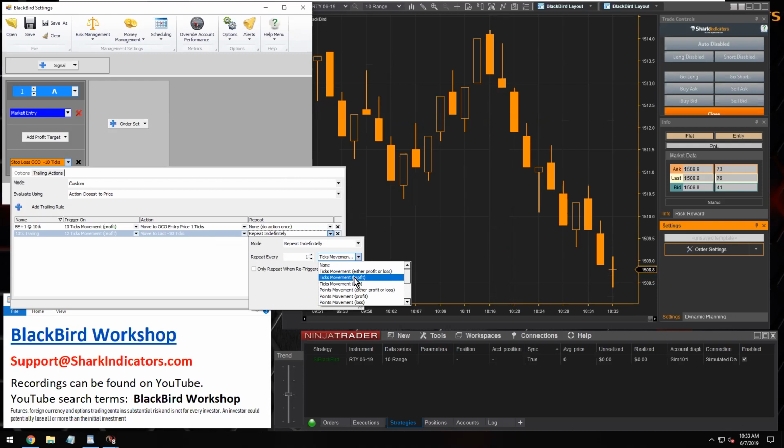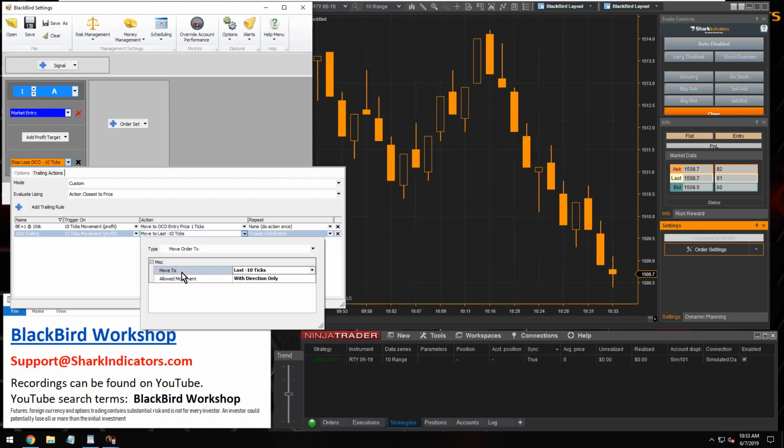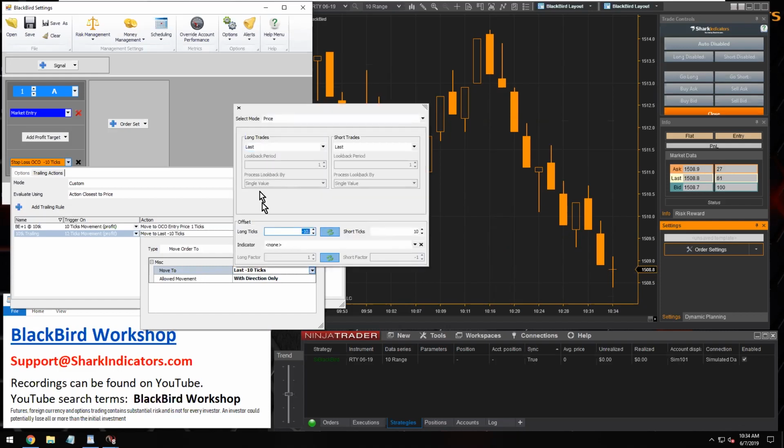So every time the market moves one tick in a profitable direction, the repeat will kick in and move our stop loss to the new calculated price. So just remember this price here, the last price, keeps getting recalculated. As the last price keeps moving with the trade, a new stop loss price keeps getting calculated there.